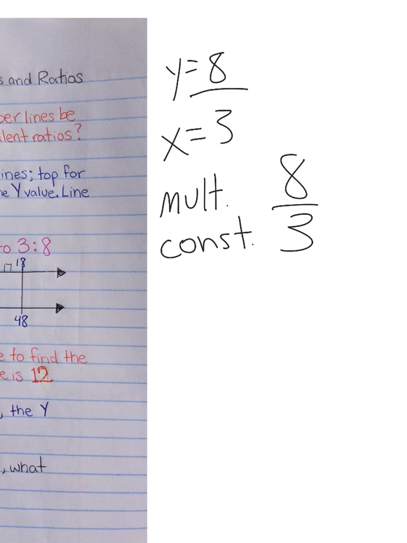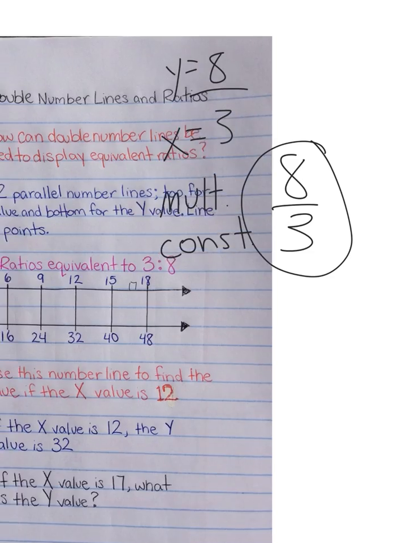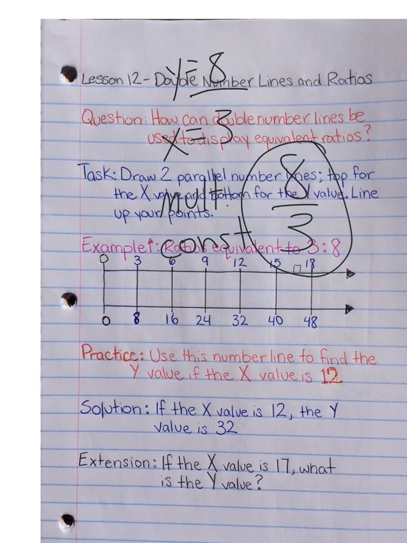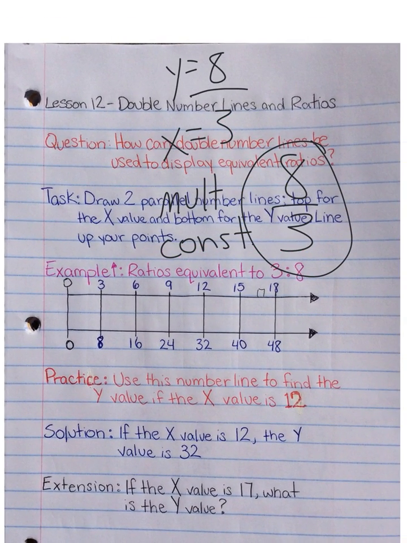So all we have to do is take our 8/3 and multiply it by any x value on this double number line. Let's take a look at 6 to 16.